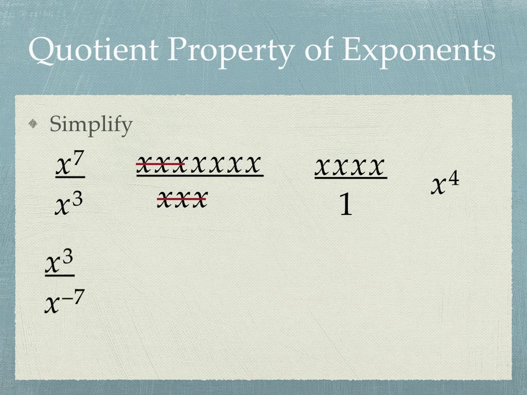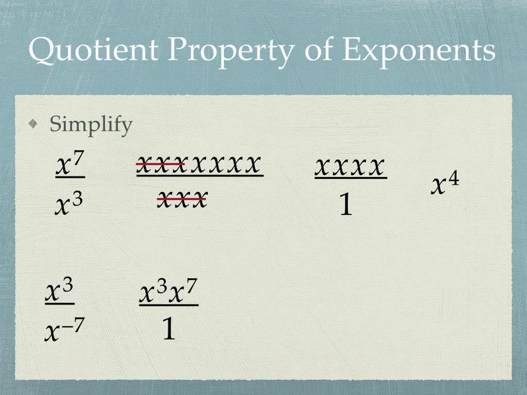Okay, let's look at another example. Remembering that we have to deal with that negative exponent and change its place in the fraction, this expression can be written as x to the 10th. So what we want to do is, in the first example, look at the exponents that were given and look at the exponent that resulted. And we can see 7 minus 3 is 4.